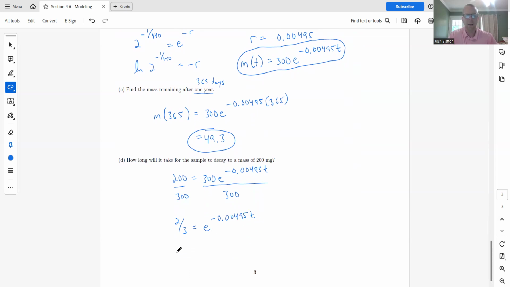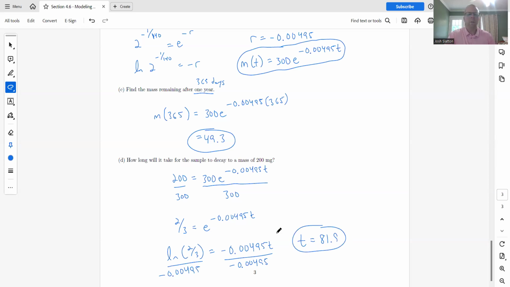Take the ln of both sides, so ln of 2/3 equals negative 0.00495t, and then we'll divide. And we should get t equals 81.9.